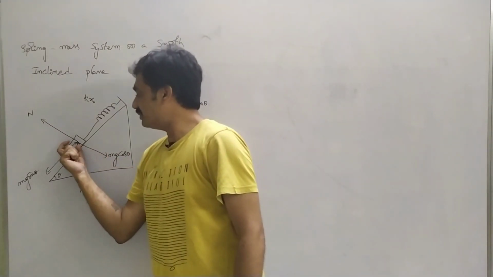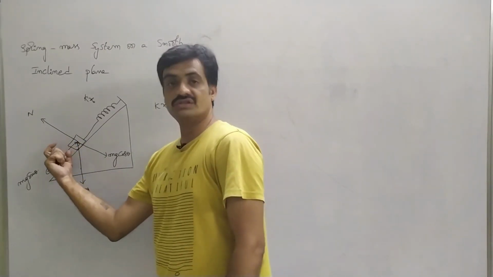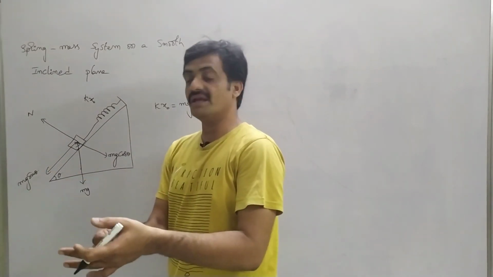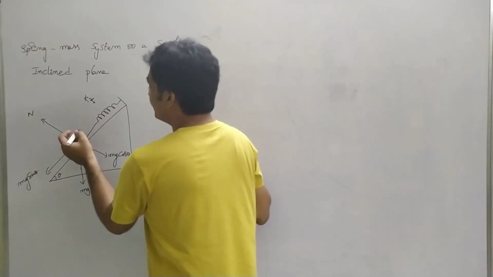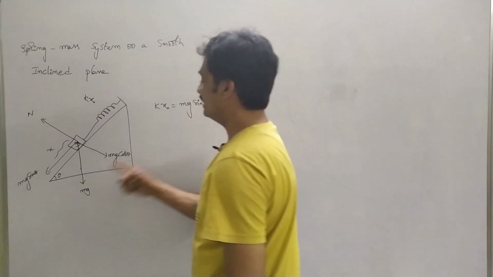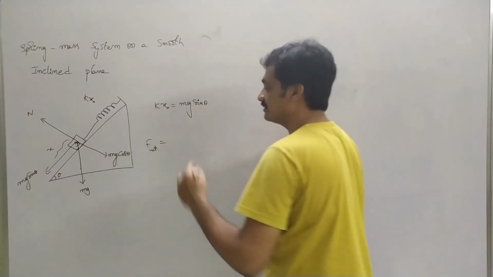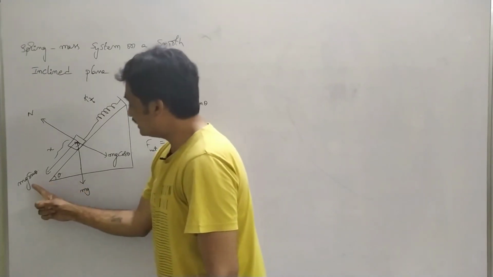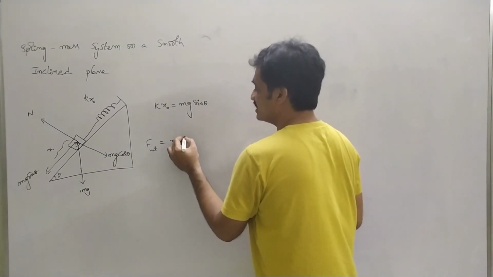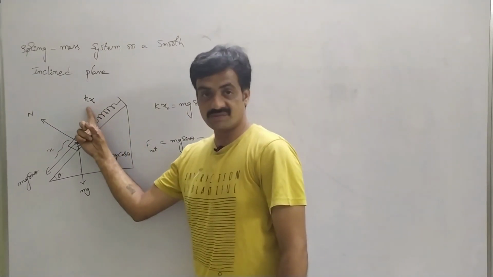Now when we pull the body in the downward direction by applying a force, the body starts oscillating on the inclined plane with a displacement of x. Then we can represent F net is equals to, observe that weight is acting in the downward direction, mg sin theta minus k into x plus x naught. Initially we have a displacement of x naught.